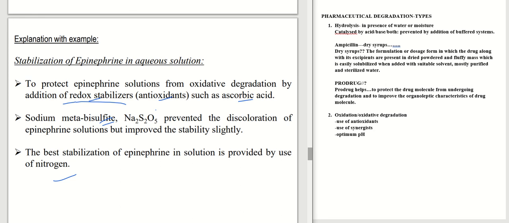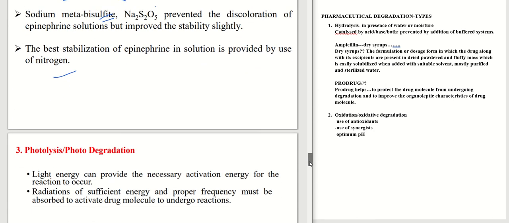So epinephrine is produced as a fine drug powder in a vial for parenteral use. So that is how we can protect a drug from undergoing oxidative degradation. One is by addition of the antioxidant, use of synergists, by maintaining the optimum pH, and by replacing the air with inert gas like nitrogen.